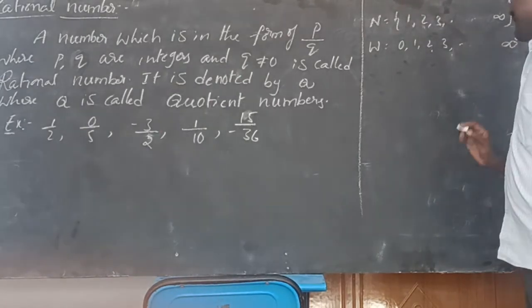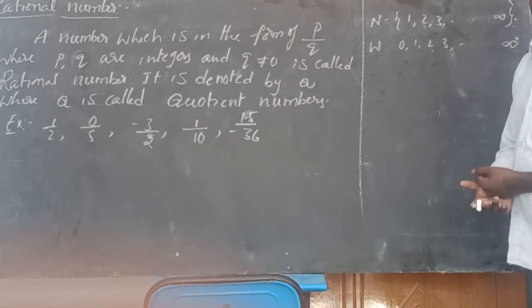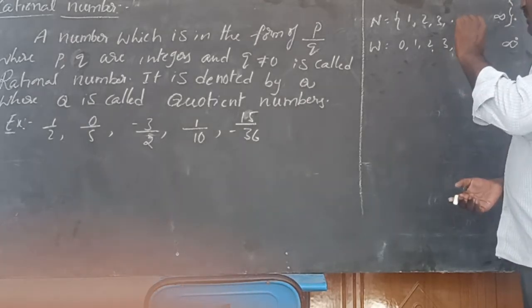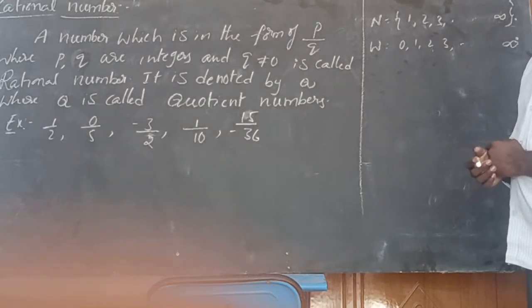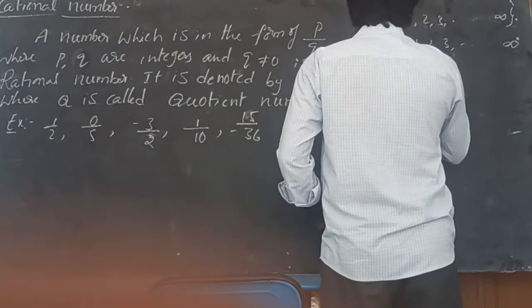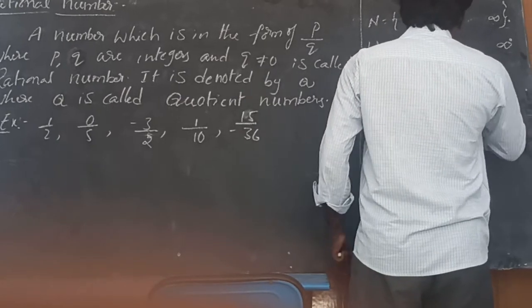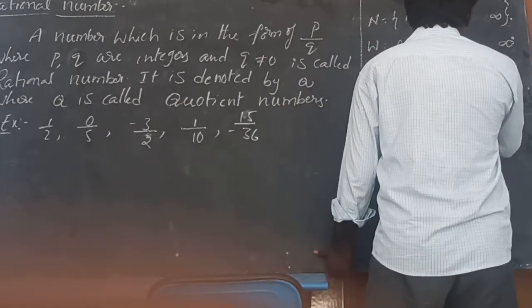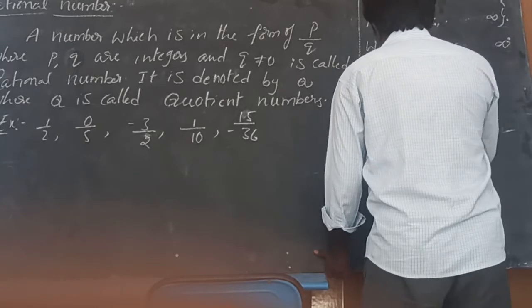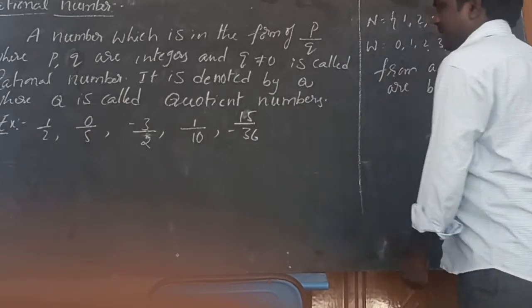Next, the number of whole numbers from A to B. What is the formula? The number of whole numbers from A to B is B minus A plus 1.